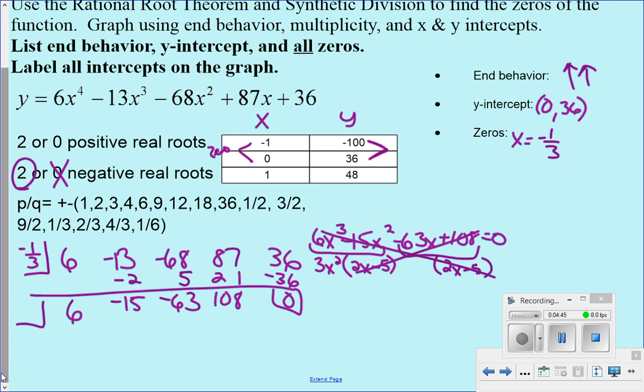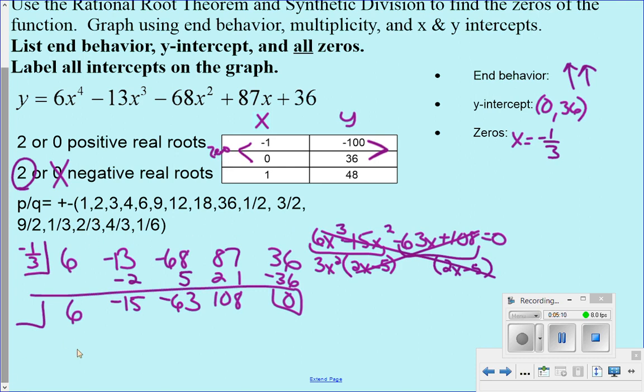We are going to try negatives, but keep in mind, this table is no longer helpful for us. It told us that there was at least one root between 0 and -1, but that doesn't mean the other negative root, which we know exists, is also between 0 and -1. It could be any of the negative numbers from this list.